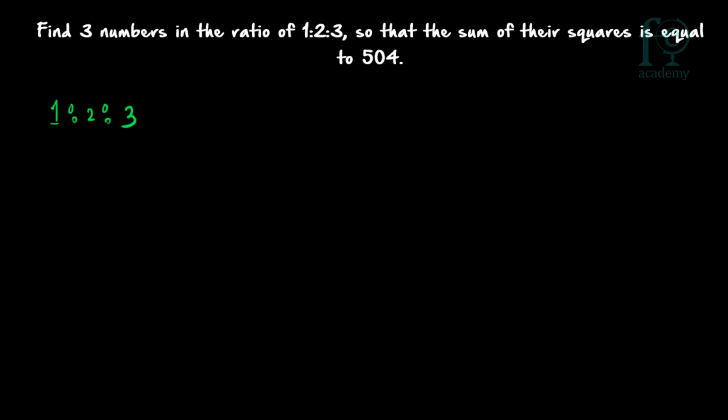Suppose we are assuming that the numbers be x, 2x and 3x. So the ratio will be maintained as 1:2:3. We can assume any numbers, but the ratio should be maintained. So when we take x, 2x and 3x, the ratio will be maintained as 1:2:3.